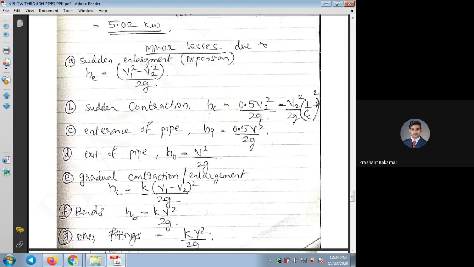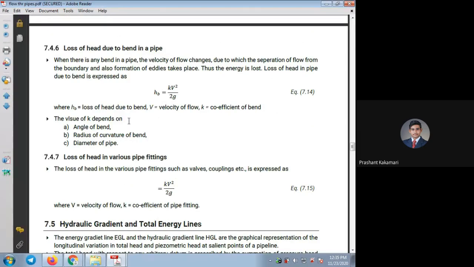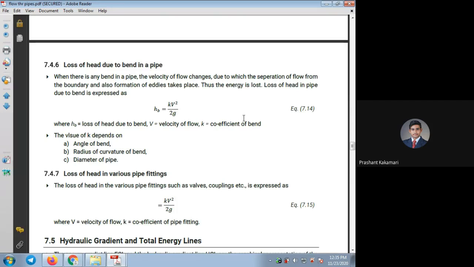In such conditions, we use the head loss due to bends, HB equals K into V square by 2G. So K is the coefficient of bend. This we need to find out, or it is given in the problem.